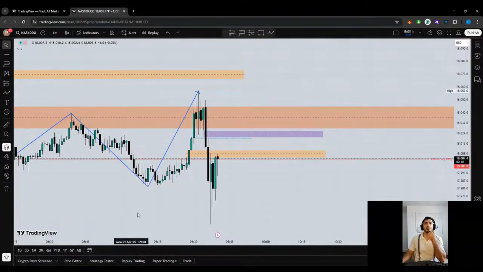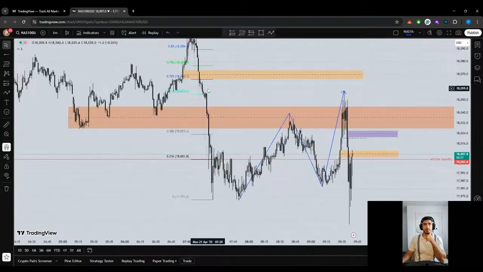The only reason why I didn't short it in this inversion is because these candles seem a bit too strong for my liking. I would like to see this get tapped into the first presented fair value gap. Get tapped into.